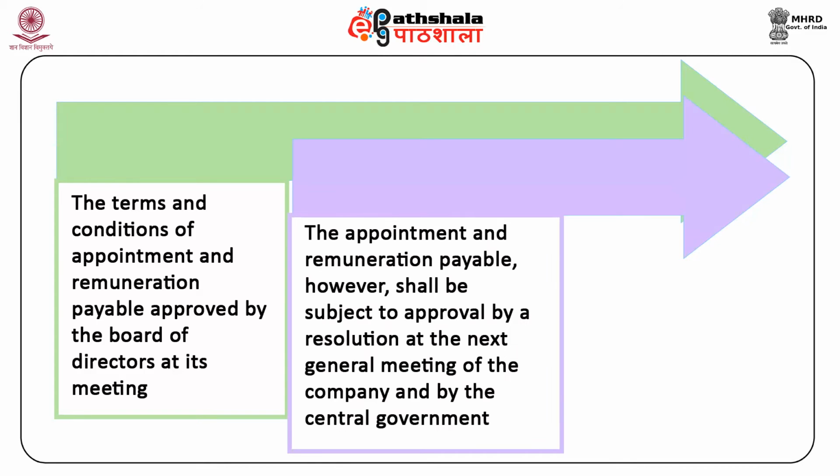The appointment and remuneration payable, however, shall be subject to approval by a resolution at the next general meeting of the company and by the central government in case such an appointment is at variance to the conditions specified in Schedule 5 of the Act.